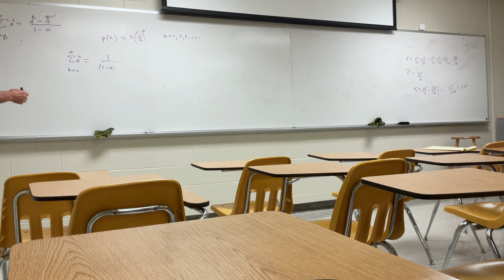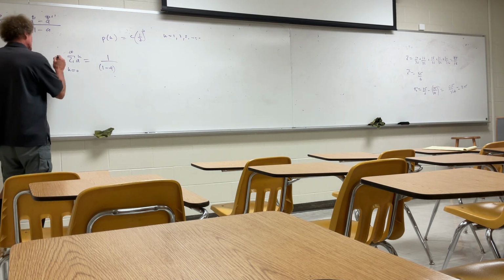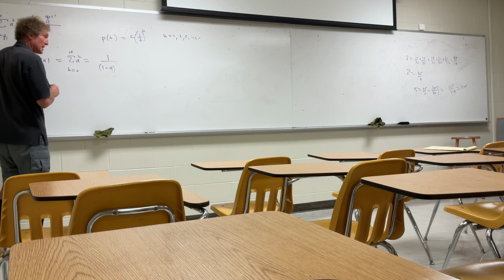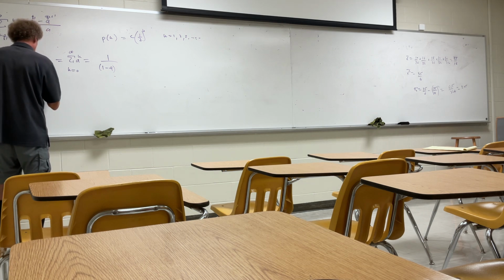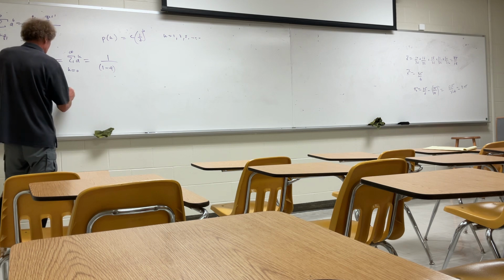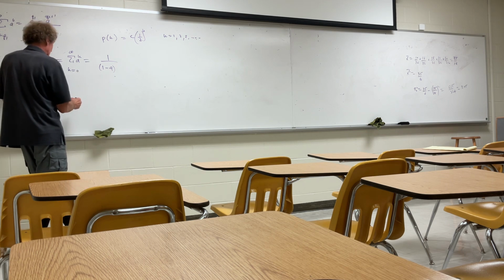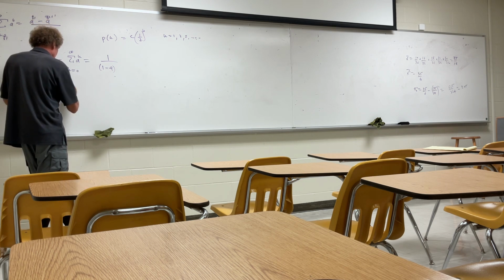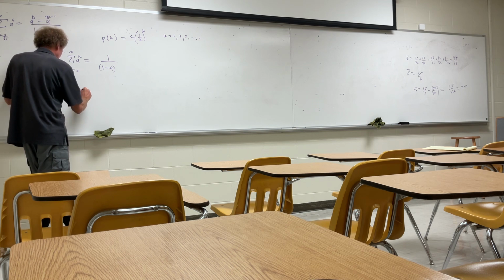So, first for this one, if I just call this f of A, and then I take the derivative of f of A with respect to A, what I end up getting is the K comes out in front, and I get, now you probably remember this, the summation of K times A to the K minus 1, where K goes from 0 to infinity.